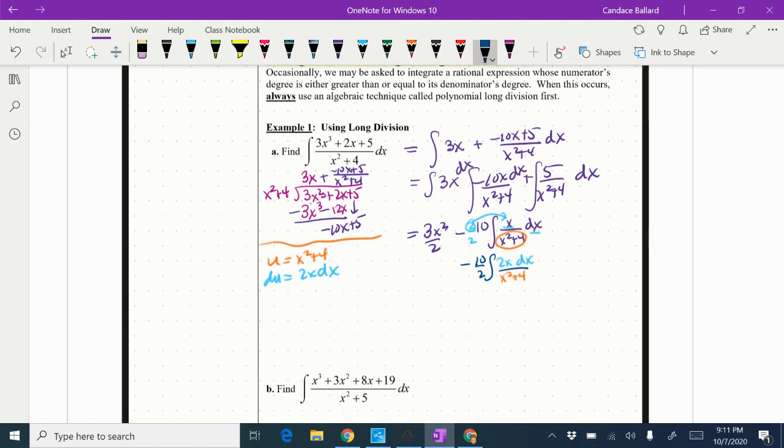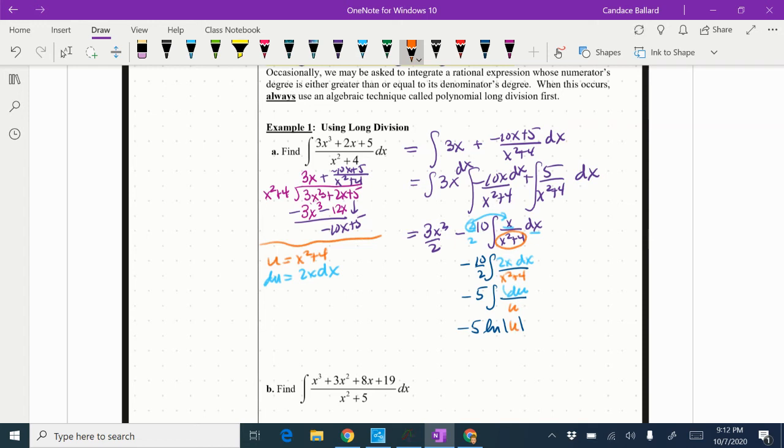I would have just a negative 5 times the integral of du over u, which we know is the natural log. So negative 5 natural log absolute value of u.